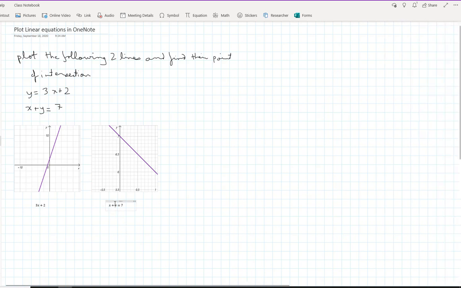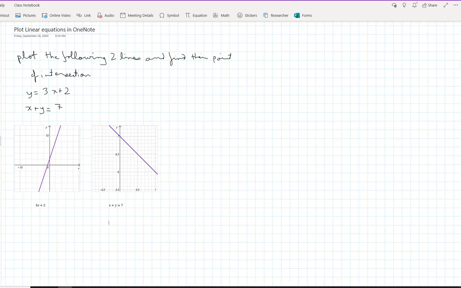If you just type in these two lines as they are, the algebraic equations for them, OneNote will not plot both lines on the same axis. So you need to rewrite this, and it's not a difficult thing to do.